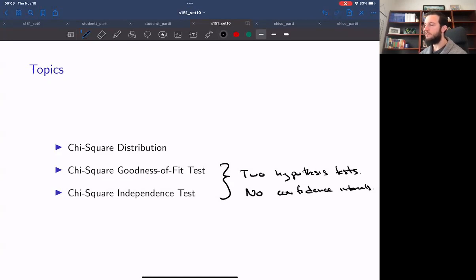And in the first case, when we talk about a goodness of fit test, you can think of that as a frequency table. So the goodness of fit test is like a hypothesis test for a frequency table or a frequency distribution. And the independence test is a hypothesis test for a contingency table. Both of these tests are run using the chi-square distribution.